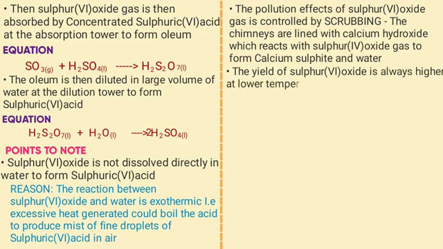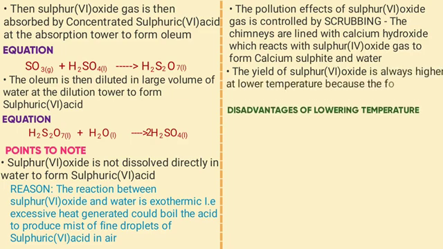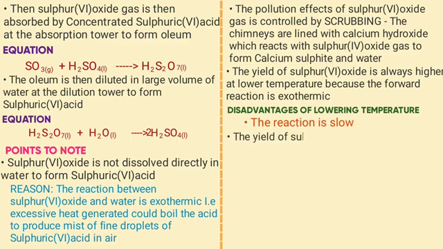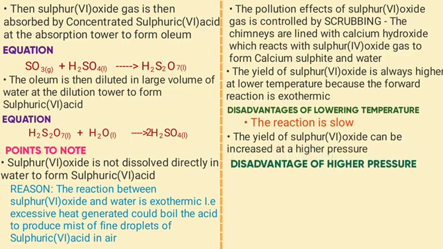The disadvantage of operating at low temperature is that the reaction rate is low. The yield of sulfur (VI) oxide can also be increased at high pressure. The disadvantage of operating at high pressure is that the cost of maintaining high pressure is expensive.